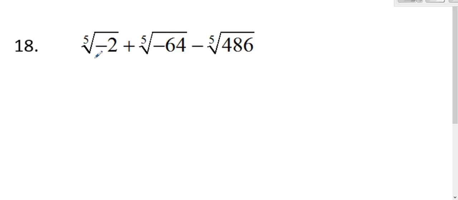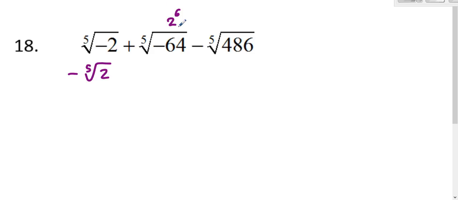Very similar idea here. It's an index of 5, which they all have. So we just need to simplify them down to see if we can combine them. Since the index is odd, the negative can be pulled out. And then 64 is 2 to the 6th power.